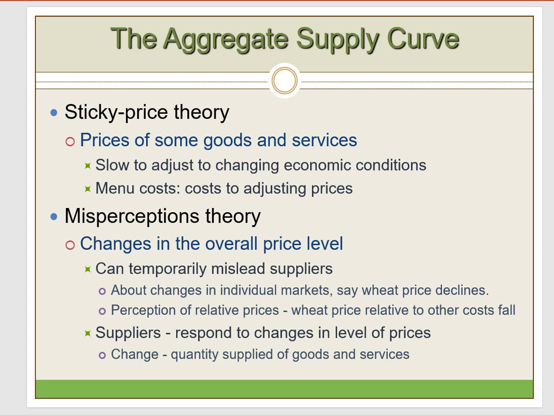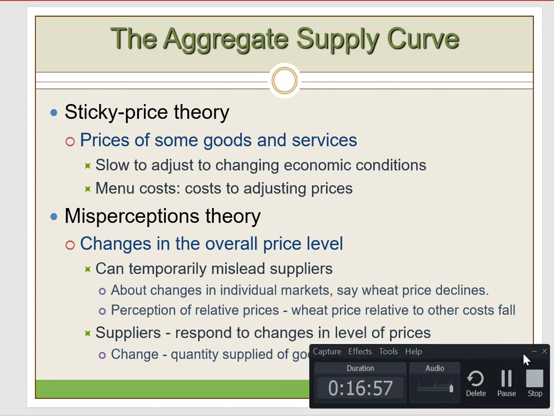So suppliers responding to change in level of prices, or what I should say, wrong reaction to the changes in overall level of prices, will lead to reduced output in the end. Yeah, it's the misperception of the prices that causes this output level to decline in the end. Right.